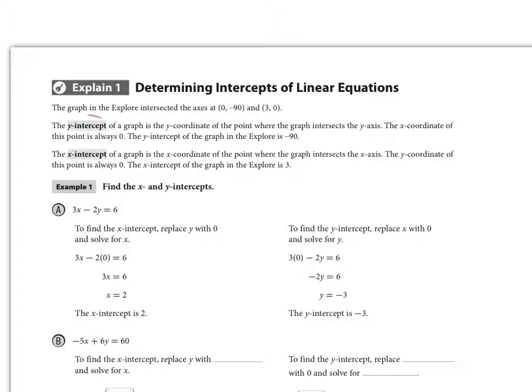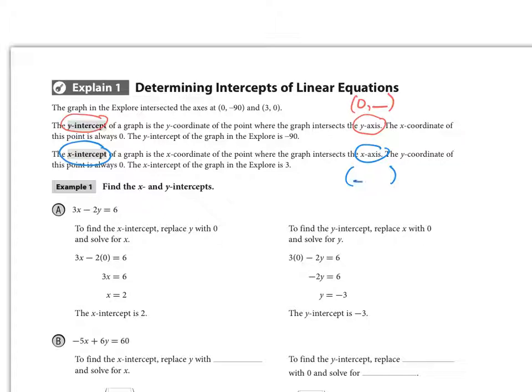Any point that's on the y-axis has an x value of 0. So when the input is 0, we want to think about what is our output, what's that y value?